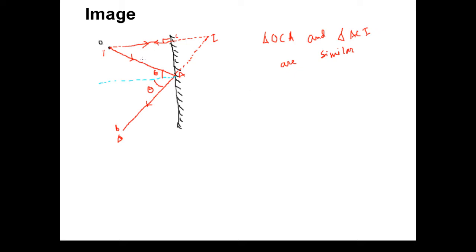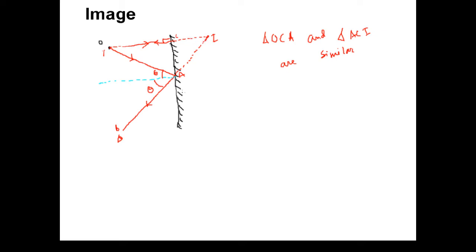I'm not going into that right now. So this is the point where the two rays appear to be coming from. This point is called the image.